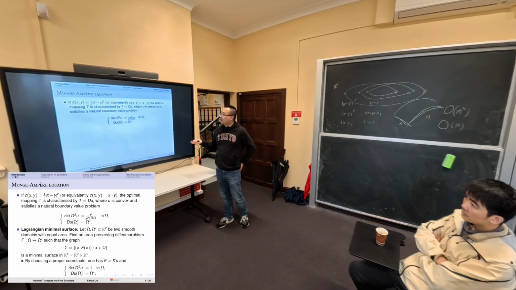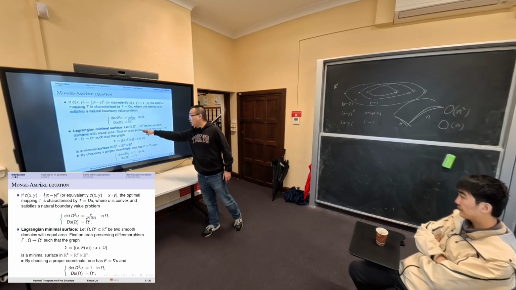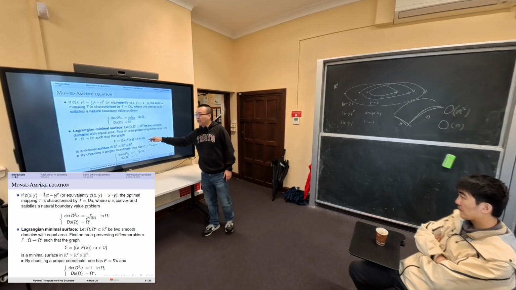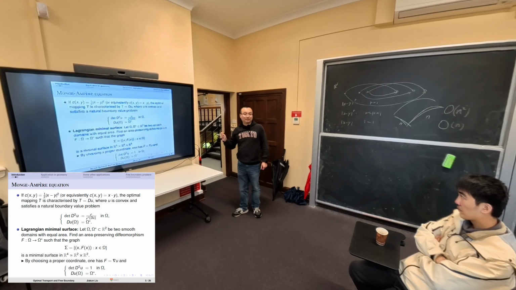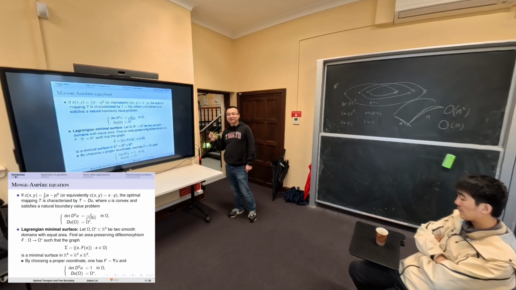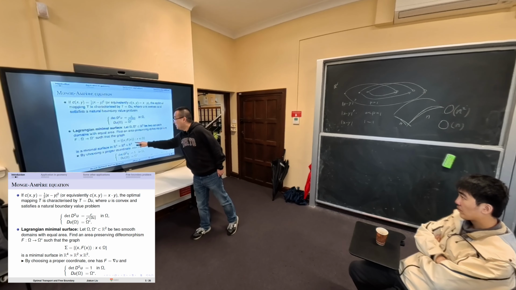And this boundary value problem not only comes from optimal transport, it also has a geometric application in minimal surfaces. So for example, in R2, imagine you have two domains, omega and omega star, with the same area. We're trying to find a diffeomorphism, which is area preserving, from omega to omega star. If no more restriction, such a diffeomorphism has infinitely many, by using complex theory, the Riemann mapping theorem, right? You have two domains, you can always map into a disk and then go forward, right? And here, I assume one more condition.